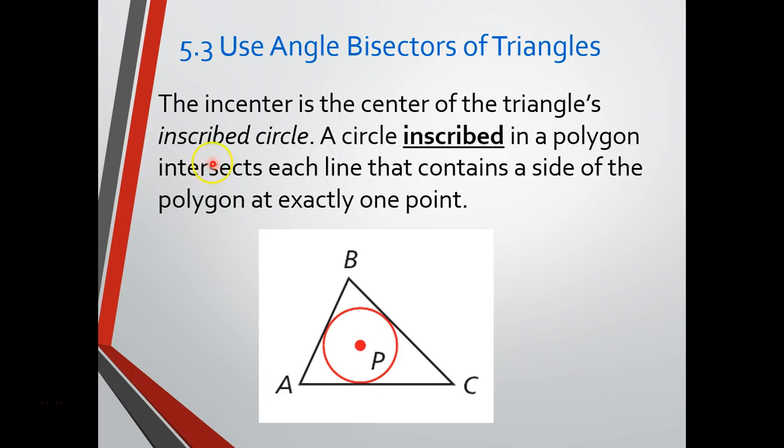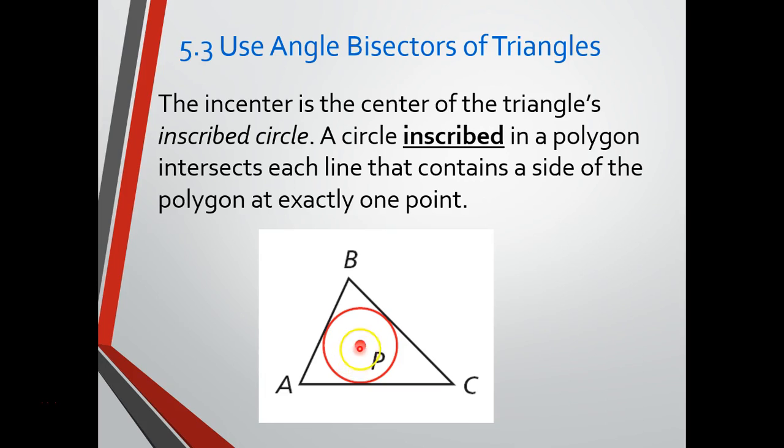Another thing about the incenter is that it is the center of the triangle's inscribed circle, just like the circumcenter was the center of the circumscribed circle of a polygon.